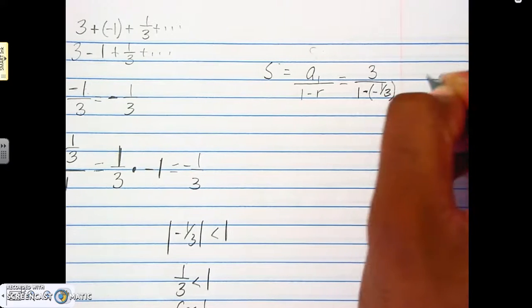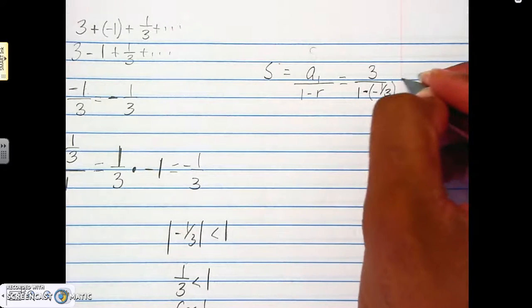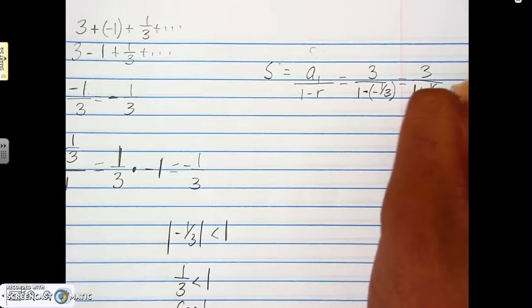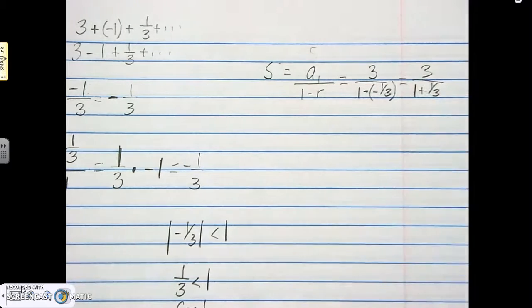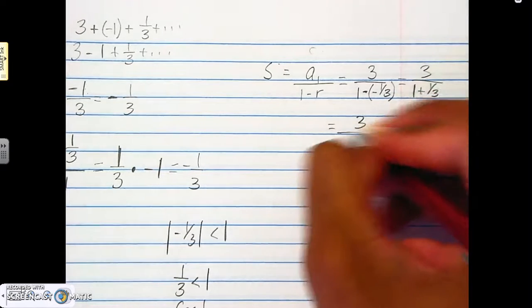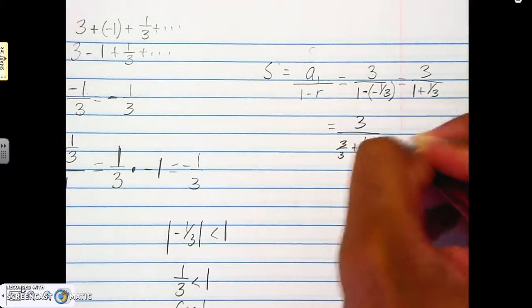So we have two negatives there again. When we have two negatives, remember that becomes a big plus. And then again, we get the common denominators, or you can put that directly in the calculator. But doing common denominators, we get 3/3 plus 1/3.